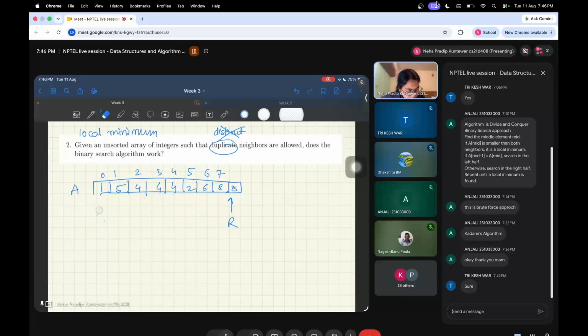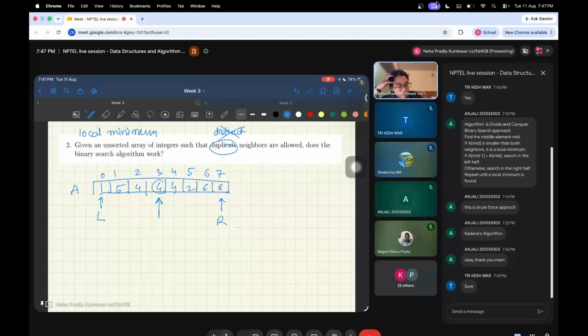Let me slightly modify this array. Let's just remove one element. So what is the mid here? Mid is the fourth element, the index at 3.